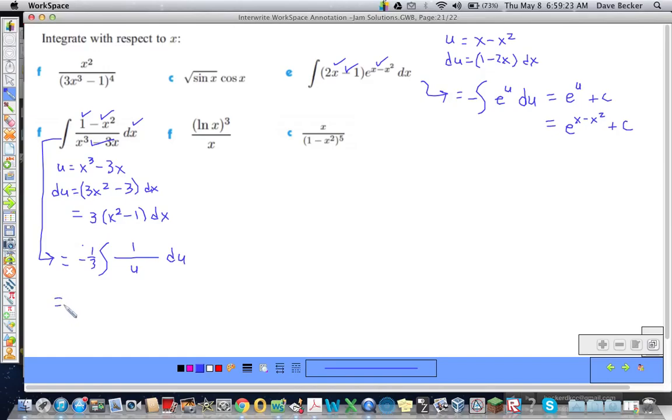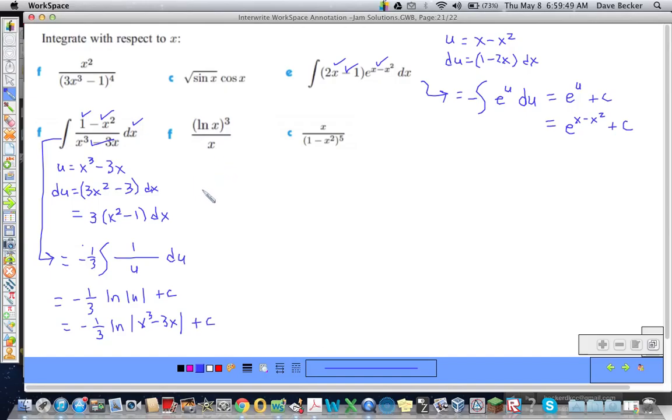So this is negative 1/3. The integral of 1 over u is the natural log, absolute value of u, plus c. Clean that up: negative 1/3 natural log, absolute value of x cubed minus 3x, plus c. Done like a bun.